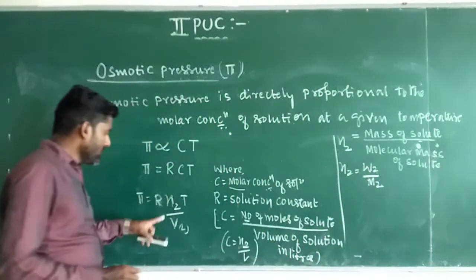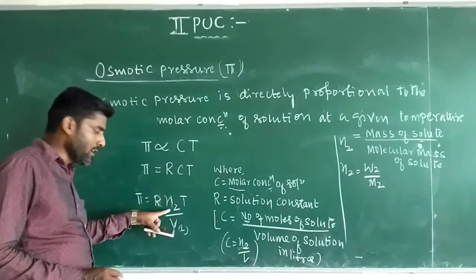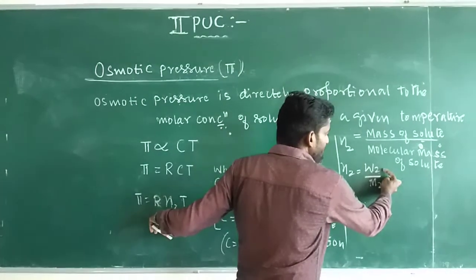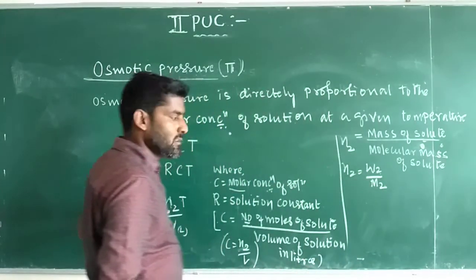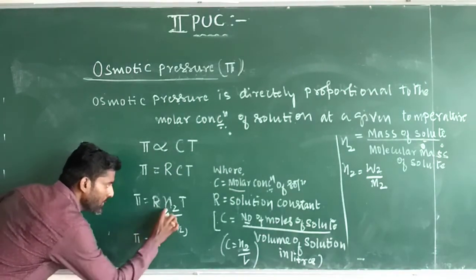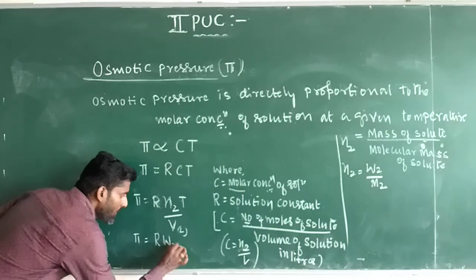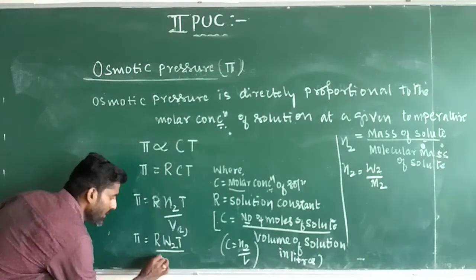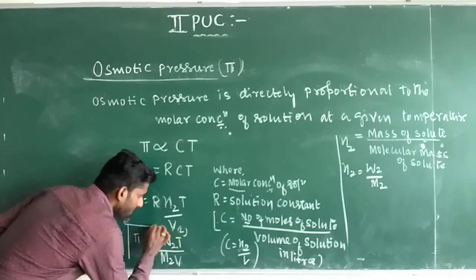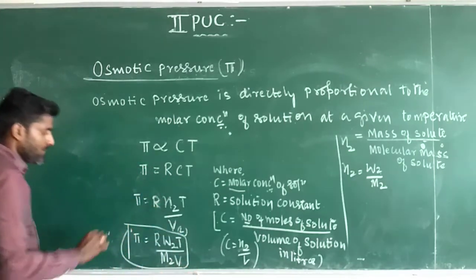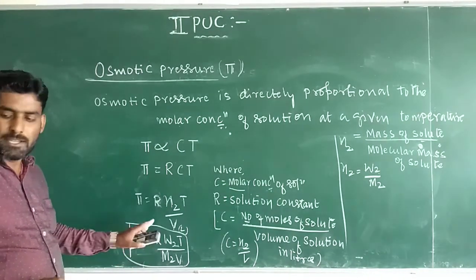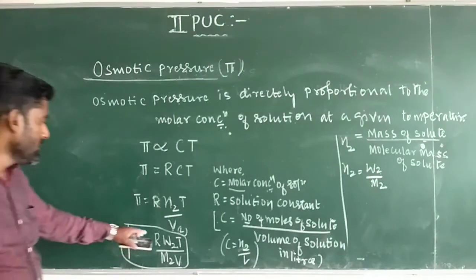In the place of N2 we can write W2, the mass of solute, divided by the molecular mass of solute. So pi is equal to R into W2 into T divided by M2 into V. This is the expression for osmotic pressure of solution.